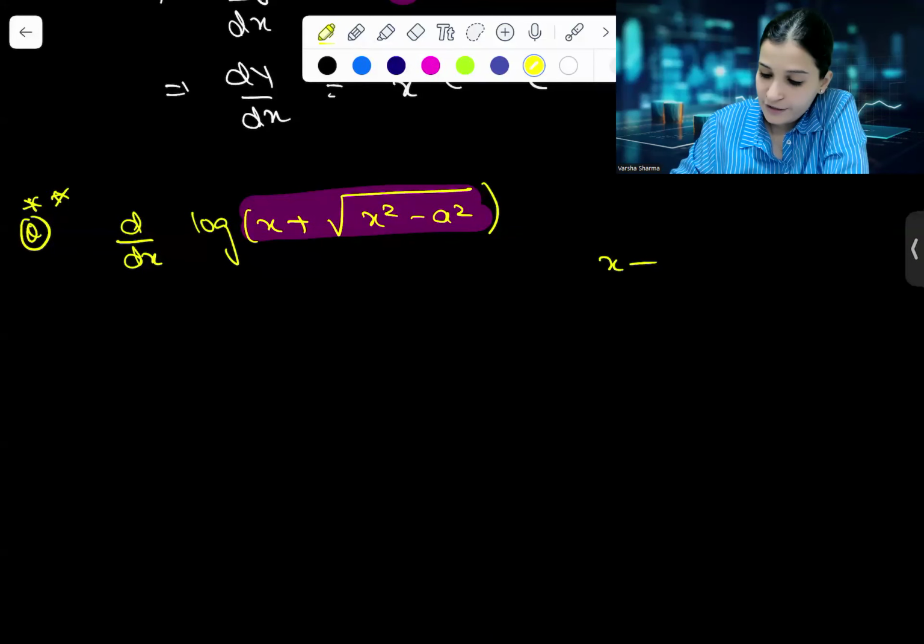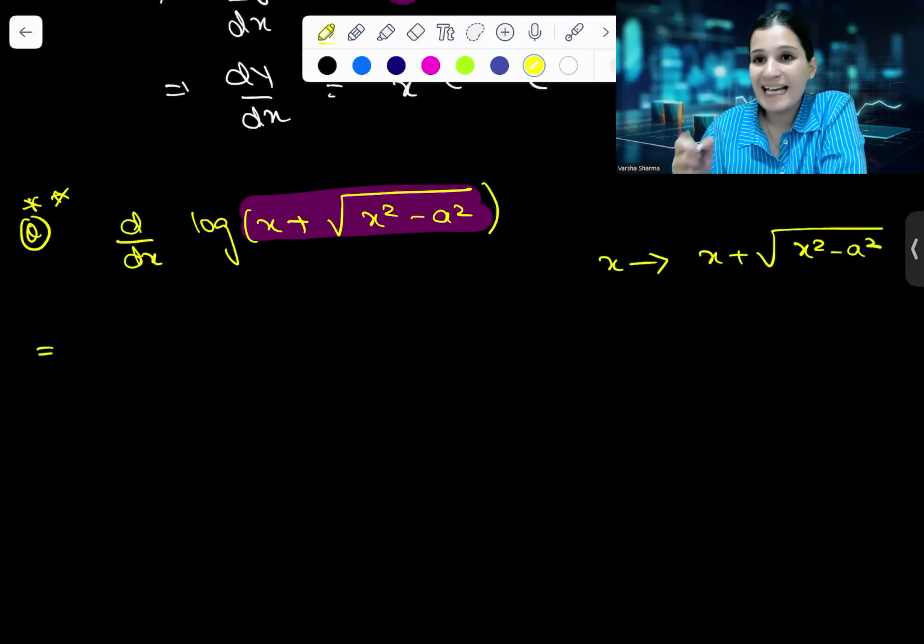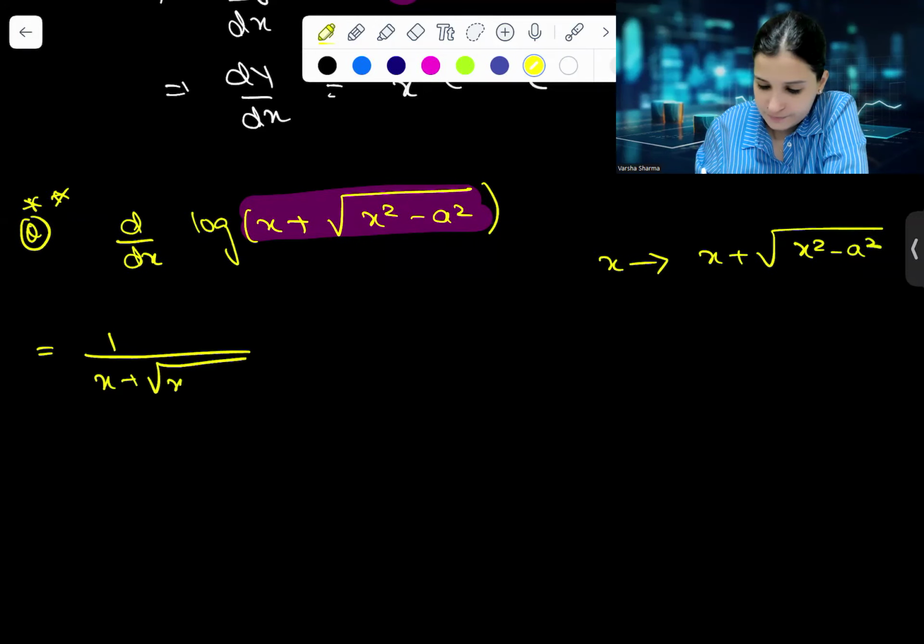The term instead of x is this whole term. Do you all agree? Yes, ma'am. It becomes 1/x into the differentiation of this pink term.